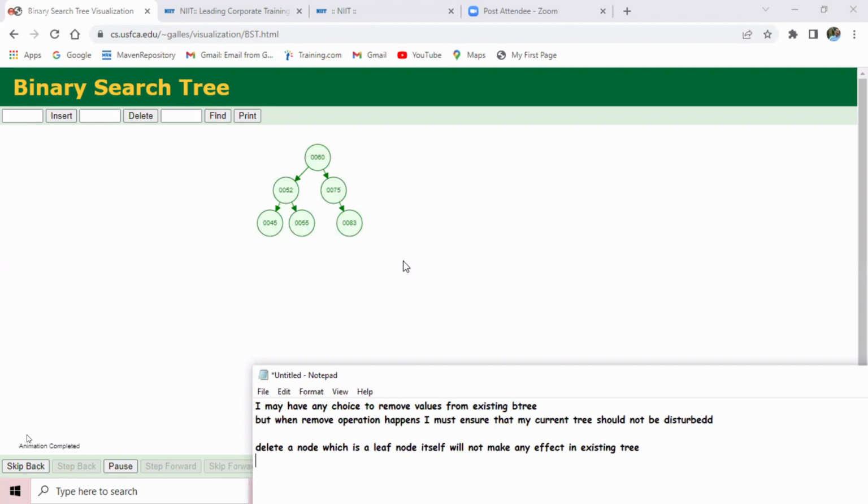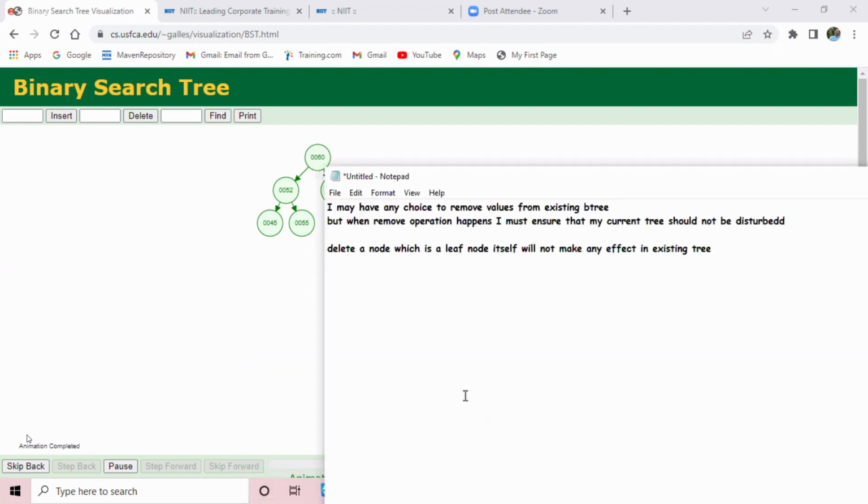They do not have children, so no arrangement of any node needs to be done in my existing tree. But the problem arises if I need to delete a node which is the parent of any other node.